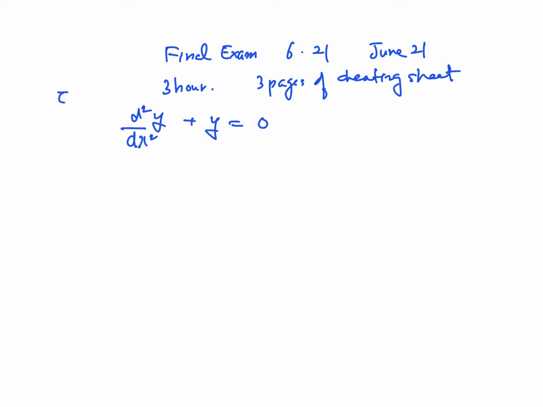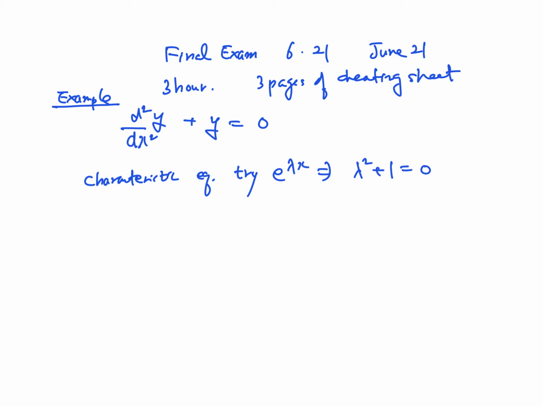This is a different case. Another example. So characteristic equations. Try exponential lambda x. What do we have? Lambda squared plus 1 is equal to 0. So lambda squared is minus 1.